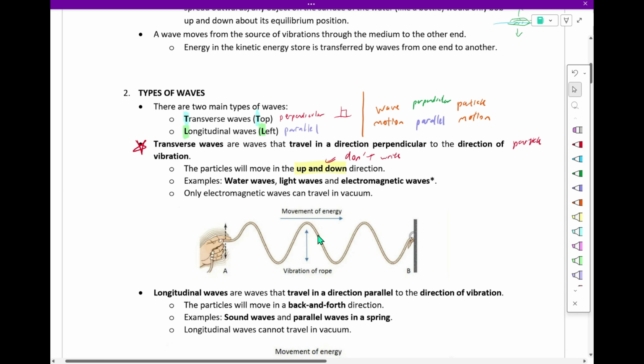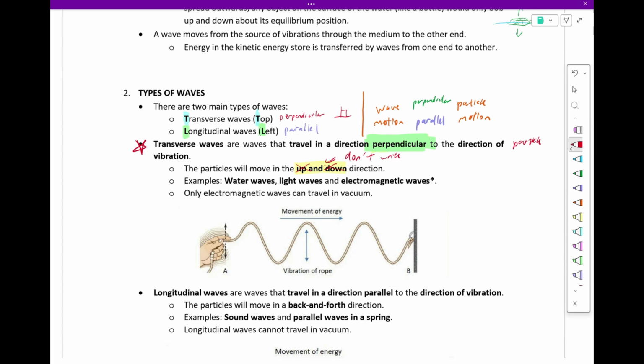But what happens if I move my hand left and right? You'll notice that the displacement of the particles or the rope is now left to right. So you cannot say that it is up and down, but it is still a transverse wave. So the key word is perpendicular. You must use the word perpendicular. Don't write up and down.